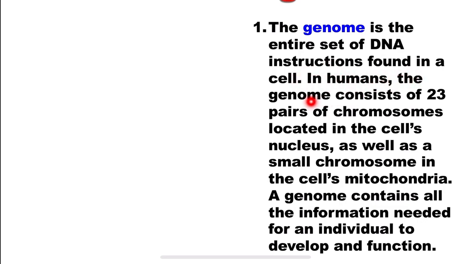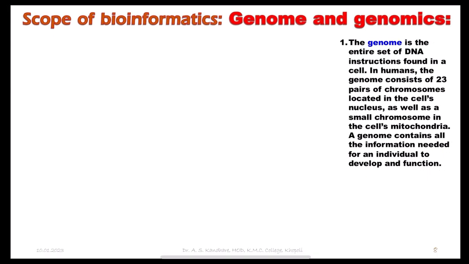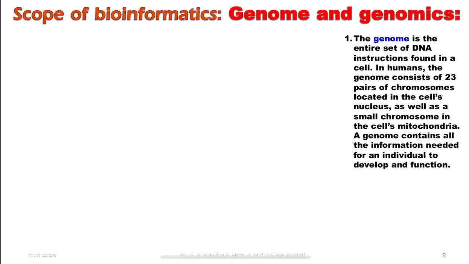In humans, the genome consists of 23 pairs of chromosomes located in the cell's nucleus as well as a small chromosome in the cell's mitochondria. A genome contains all the information needed for an individual to develop and function. So therefore you can understand, genome is nothing but the entire genetic composition of a particular cell or organism, isn't it?